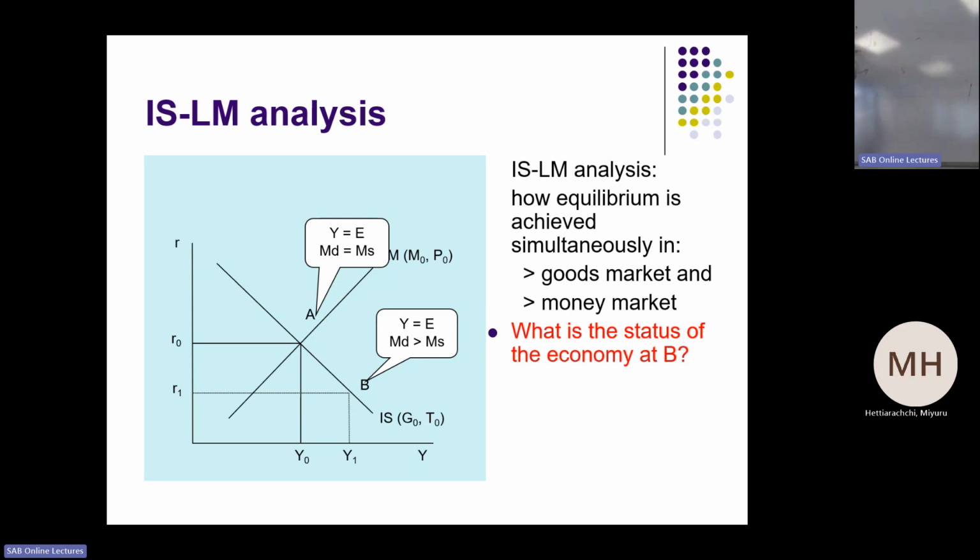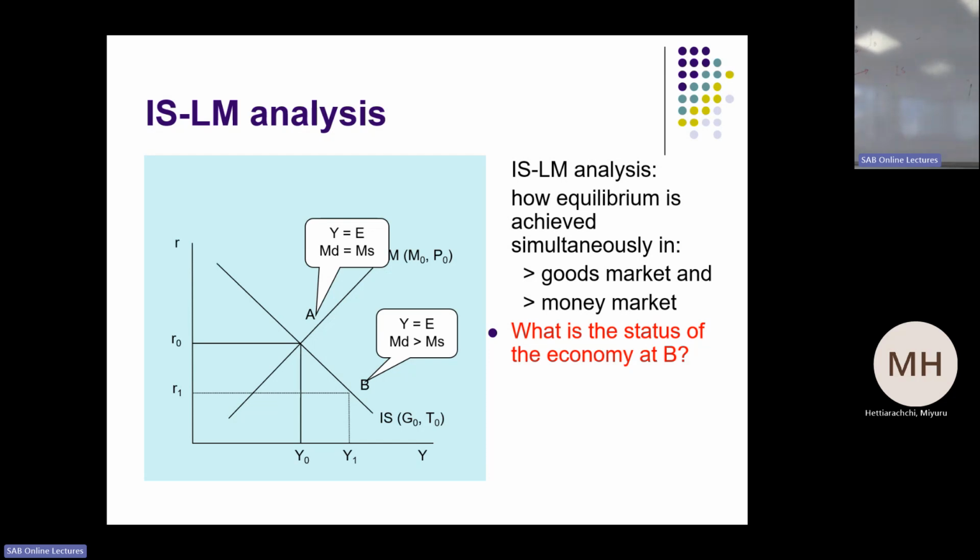If there is excess supply of money, there should be a decline in income. But at this point, there is no excess demand for goods or excess supply of goods. Aggregate demand equals aggregate supply, injections equal withdrawals. So that is the macroeconomic equilibrium. Any other point? No. It is the equilibrium point.